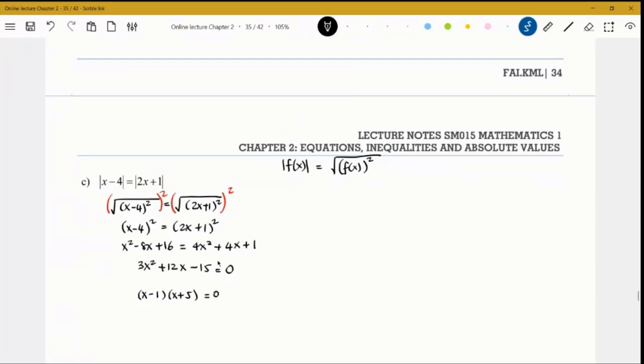For this one, kalau kamu kembangkan balik, if you expand, do we have the 3 in front of x square? Kita dapat tak 3x square? No. Kalau kita expand, kita akan dapat x square tolak x tambah 5x tolak 5.